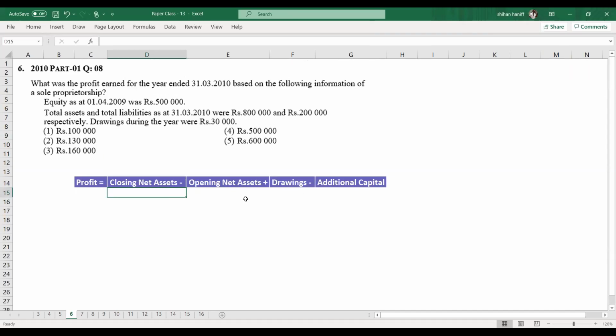Closing net asset means assets minus liabilities.